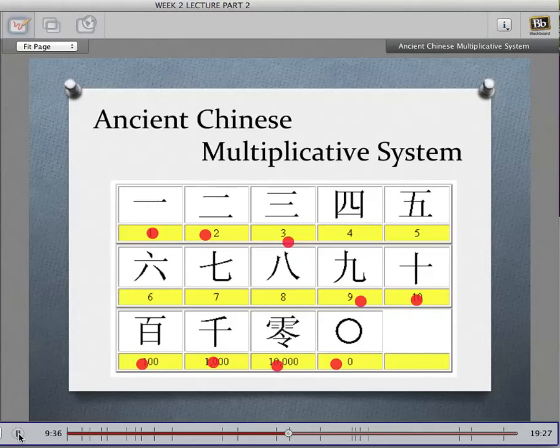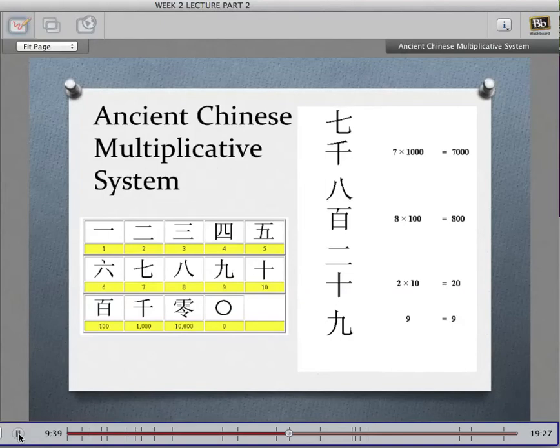Their system is a little more complicated. They write vertically from top to bottom. So the first amount is here. It's a 7 and 1,000, which is 7,000. So they have 2 symbols for every what we would consider place.